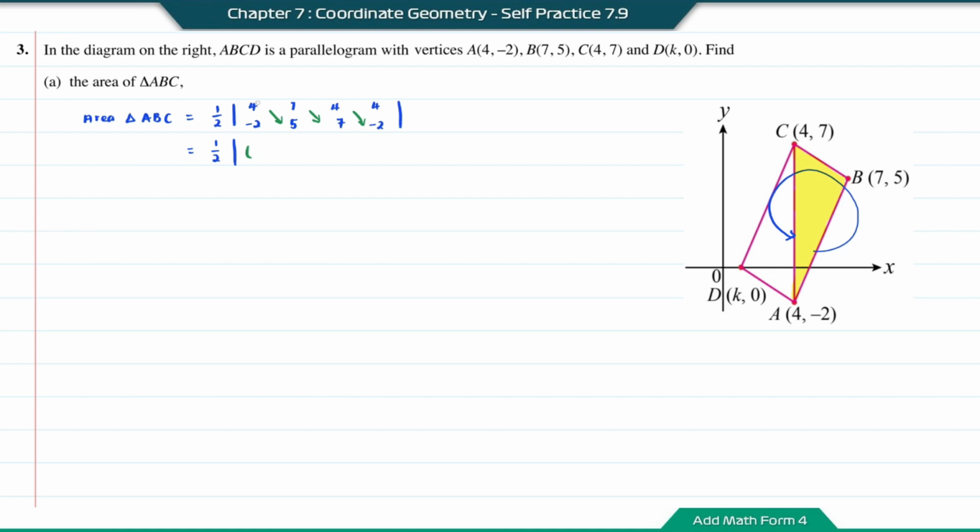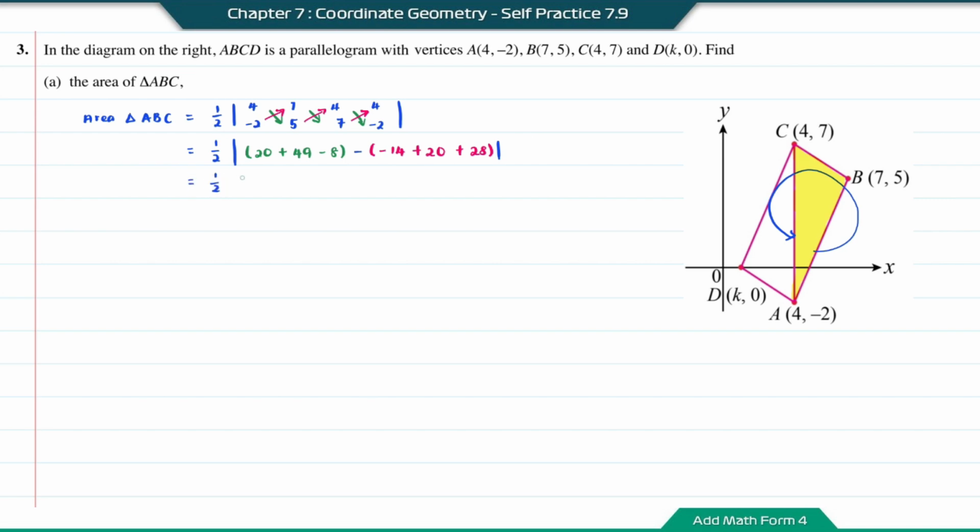So bracket, 4 times 5, this one is positive 20, 7 times 7, this one is positive 49, and 4 times -2, this one is -8. Then minus the sum of all products in these directions. So bracket, -2 times 7, this one will be -14, 5 times 4, positive 20, 7 times 4, this one is positive 28.